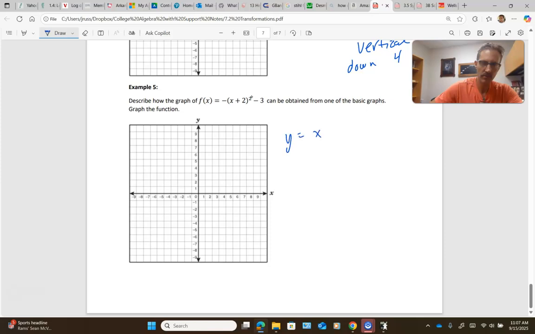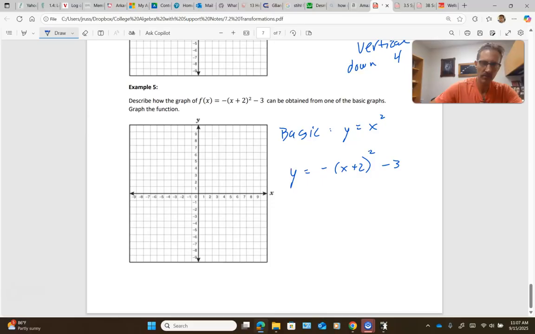And so our basic quadratic function, let me write the word basic. The basic quadratic function, as you know, is just y equals x squared. And then our transformed function is negative, in parentheses, x plus 2 squared minus 3.